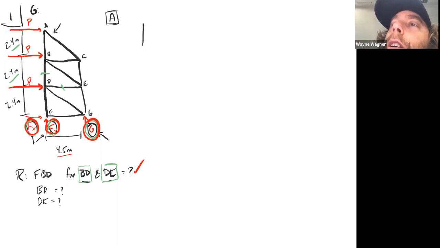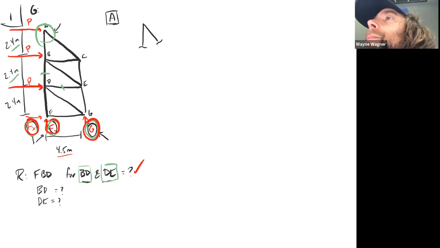Usually when I do this I don't draw them, I just work on my drawing, but since this is the first time, we're going to do it. So here's joint A, and I'm going to cut it like this. I'm just going to look at the joint itself, so we're going to cut here and cut here.